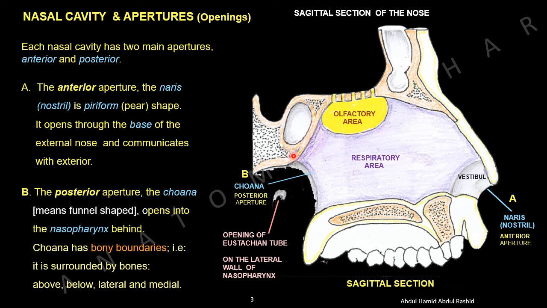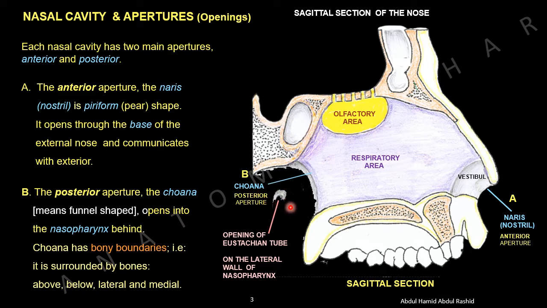The anterior opening is called the nares or nostril, which is piriform, pear-shaped. It opens through the base of the external nose and communicates with the exterior. The posterior aperture, the posterior opening, is the choana, meaning funnel-shaped opening, which opens posteriorly into the nasopharynx.